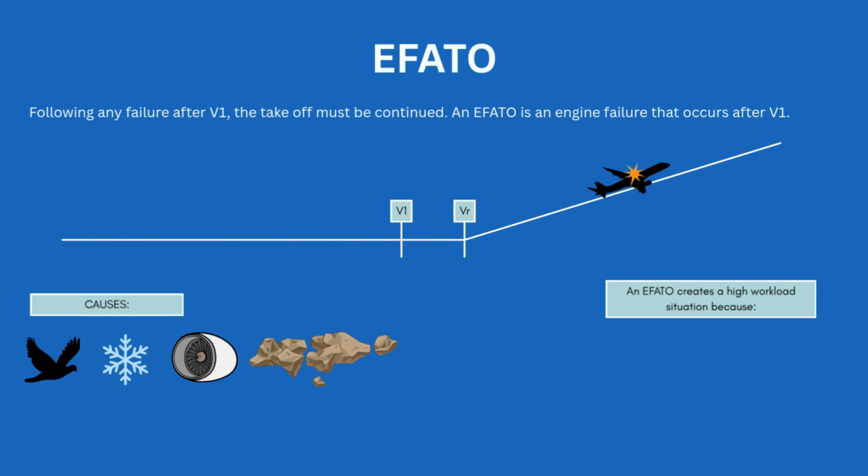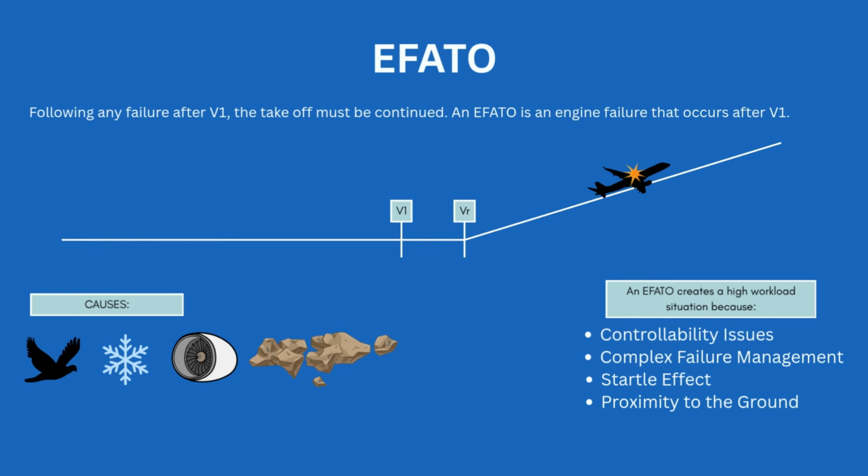An EFATO creates a high workload situation for many reasons, some of which include controllability issues that it presents, the complex failure management involved, the threat of startle effect to the crew, the proximity to the ground during the event, and the demand for high crew coordination.